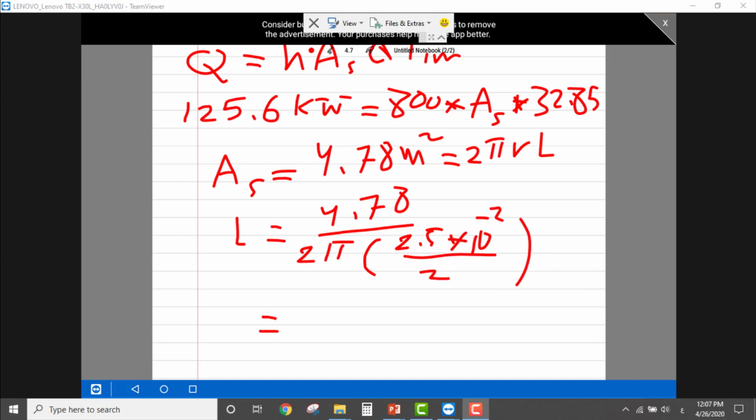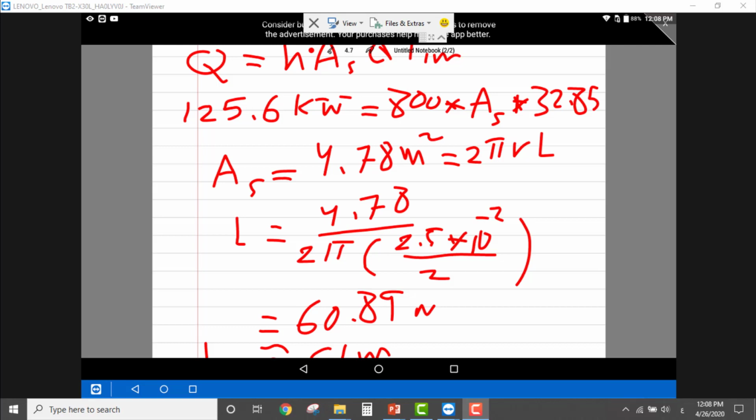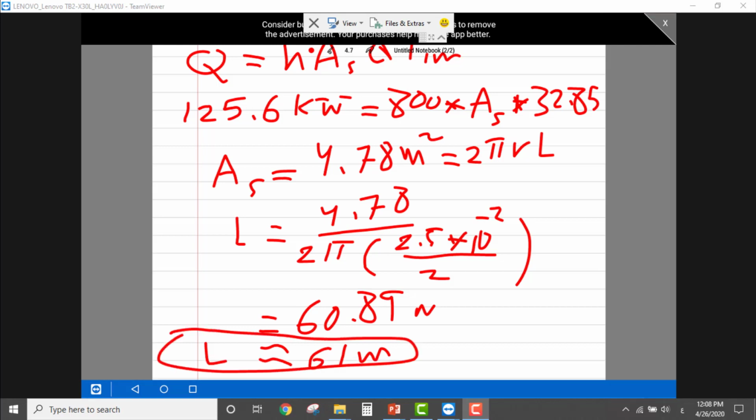Okay, so this gives us 60.89 meter, which is almost equal to 61 meter. So this is the length of this tube in order to achieve the exit temperature 115. So 61 meter, imagine it. Very long pipe.